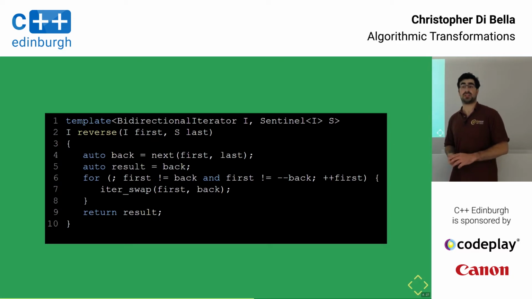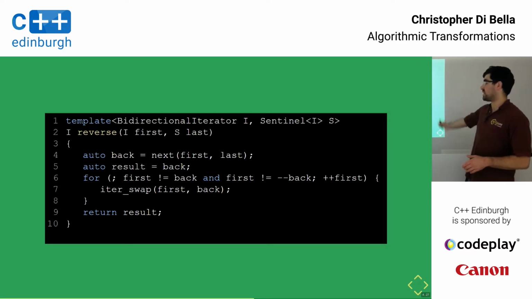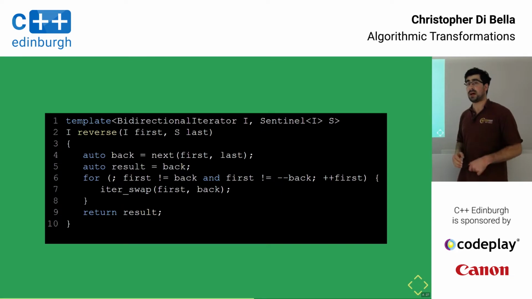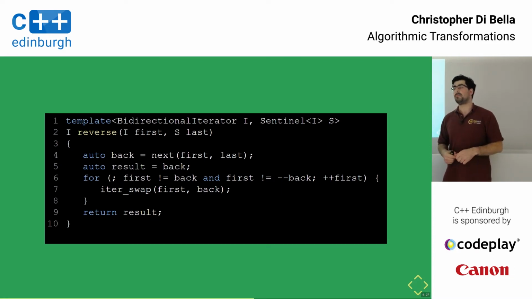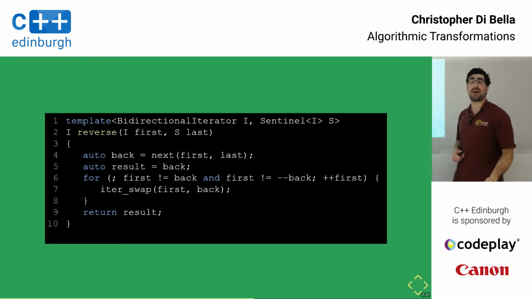Sorry, I didn't mention that. One of the requirements of a successor function is that it can move forward in constant time, and one of the requirements of a predecessor function is that it can move backward in constant time. And so with this implementation, we start at opposite ends and work our way in until the two iterators are the same, and then we've met. Because we're swapping whilst we're walking into the middle of the range, we've got this in linear time.